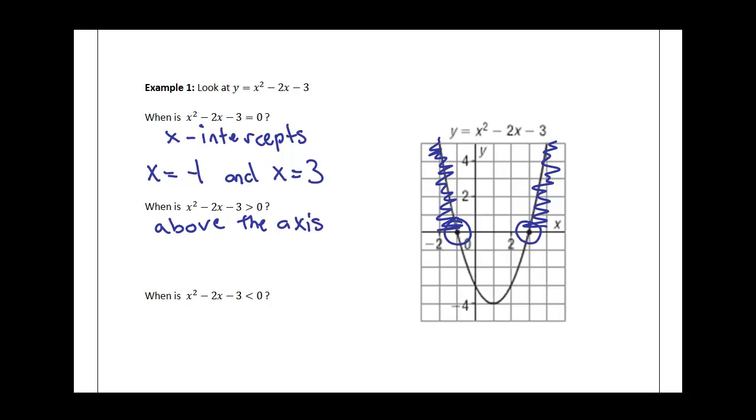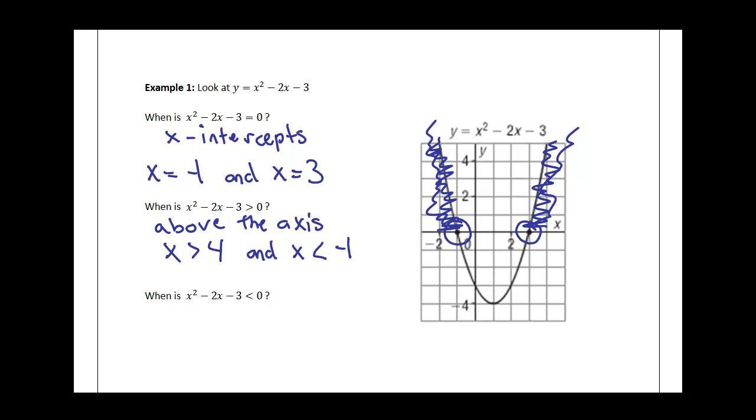So the boundaries for when the quadratic is greater than 0 are when our x values are either greater than +4 and when our x values are less than -1. Because it just keeps going out and getting wider and wider when it's above the x-axis.